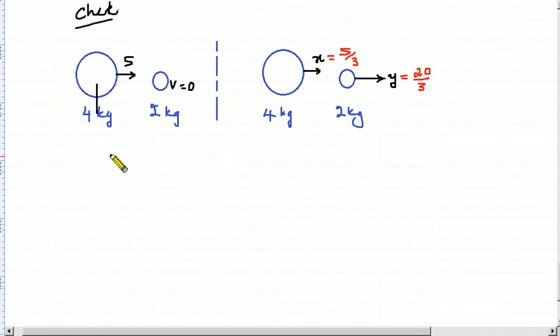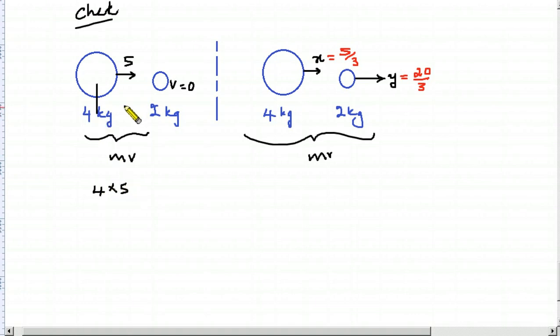The first rule, what is the first rule? The total MV value of this side must equal the total MV value of this side. So now we know these velocities, you can find it. So here let us write 4 times 5, m is 4, speed 5, then 20. What are the units? MV, m is kilogram, v is meter per second, kilogram m s minus 1, 20 we get at the left side.